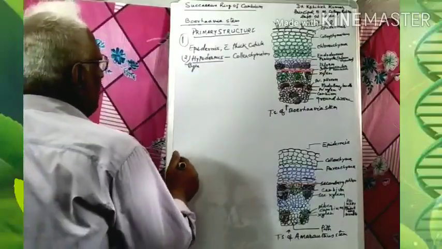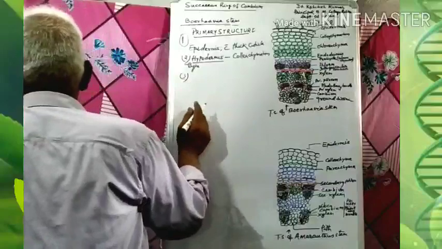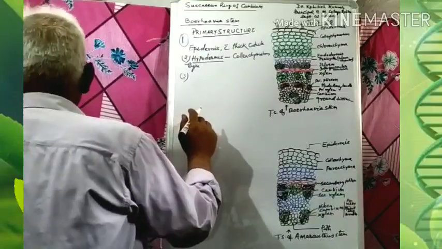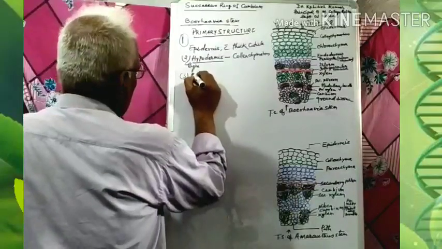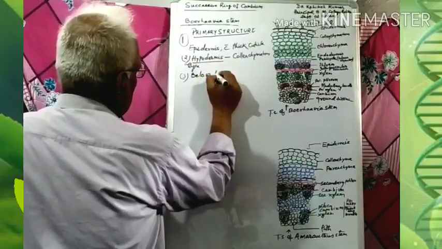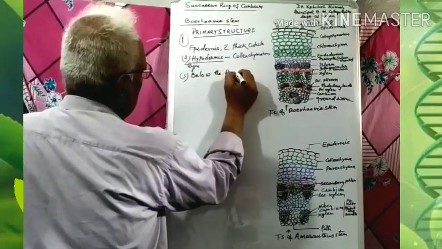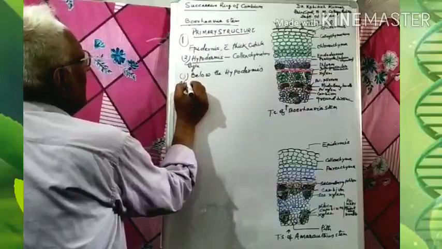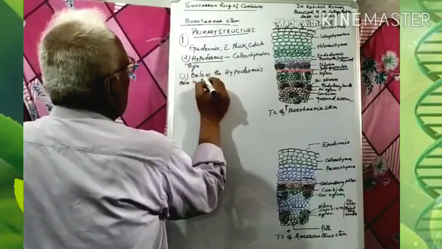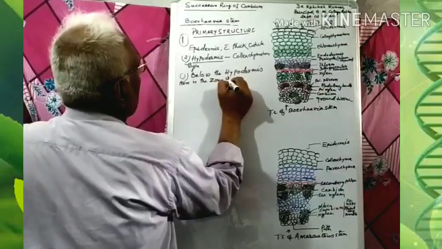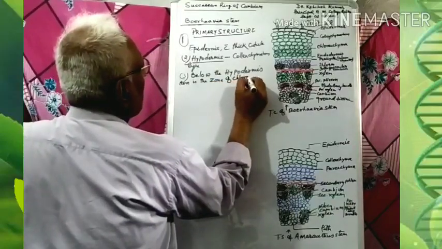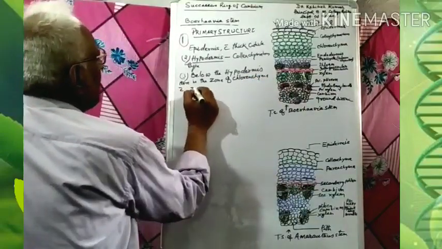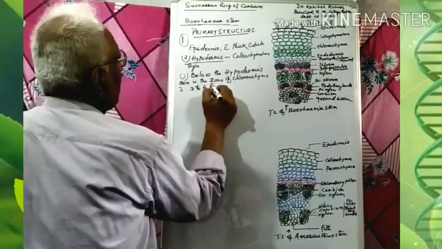Next to the hypodermis there is the zone of chlorenchyma, with 3 to 4 layers.